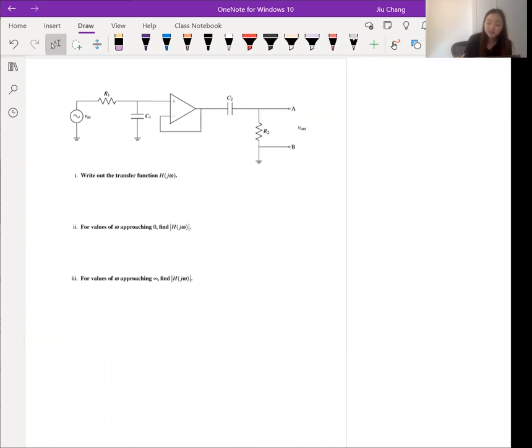If you are wondering why this is called the high pass and this is called the low pass filter, just check the previous videos for part A and part B. But anyways, we now see how this circuit will behave.